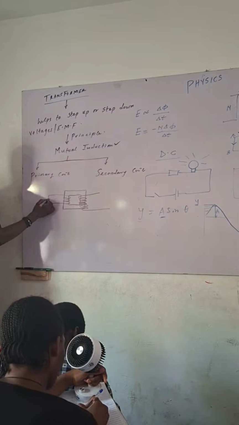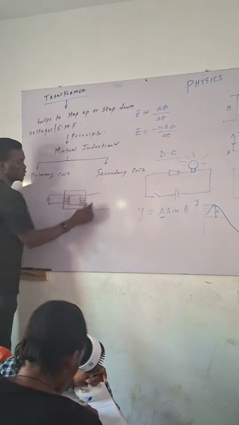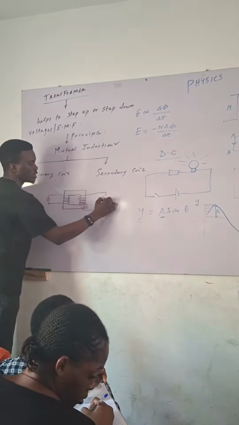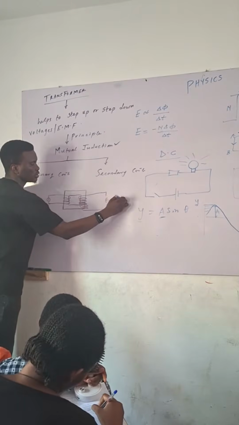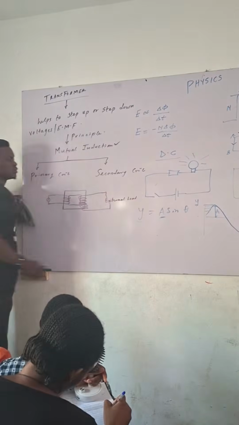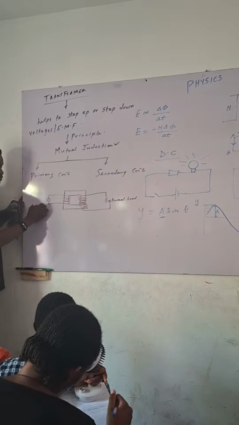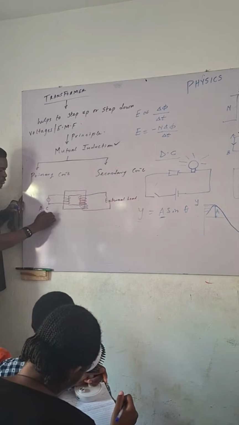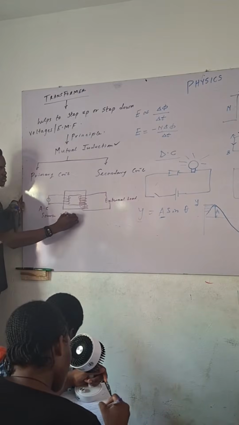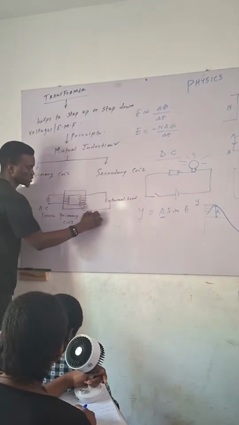Then this is connected to an AC source. Then this is connected to an external load. The one that is connected to the source is usually called your primary coil, while the one connected to the load is called your secondary.